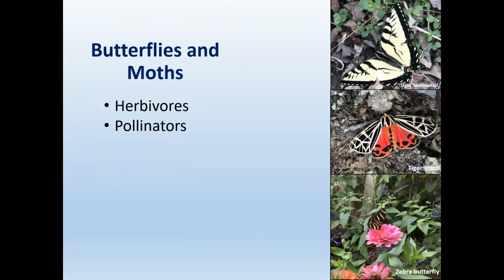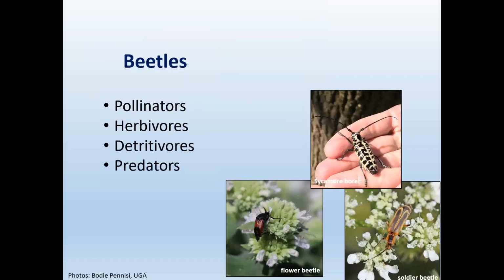So breaking this down into the different insects that we can find in the urban forest, we have butterflies and moths, and those are herbivores and pollinators. And I know that I will leave out some of these groups, so just know that they could serve more functions. Beetles can be pollinators, herbivores, detritivores, and predators.